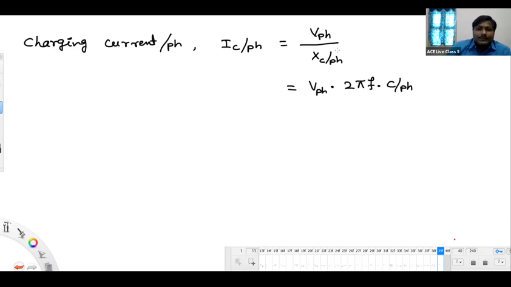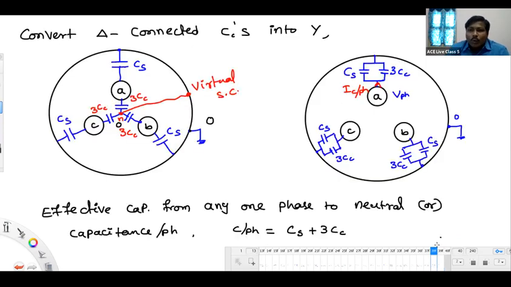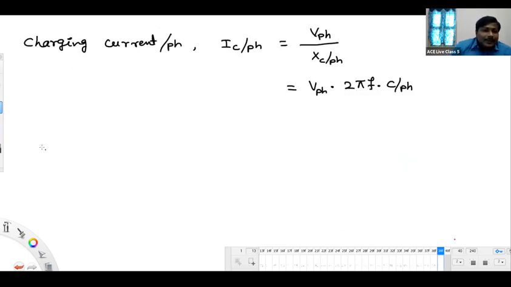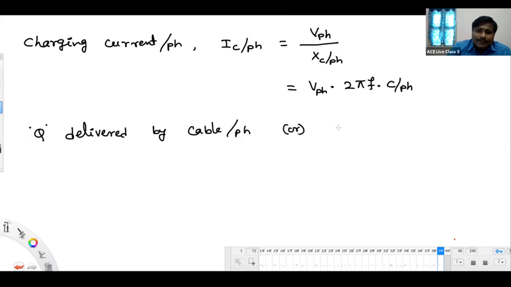Next, what is the amount of reactive power delivered by the cable per phase? Q delivered by the cable per phase. Sometimes you can call this the charging VARs.